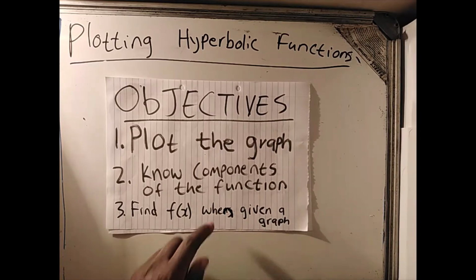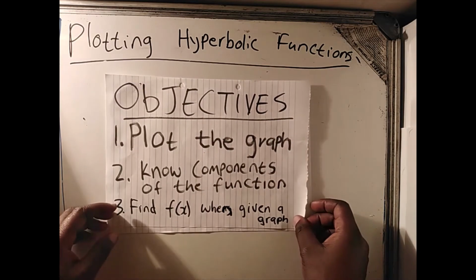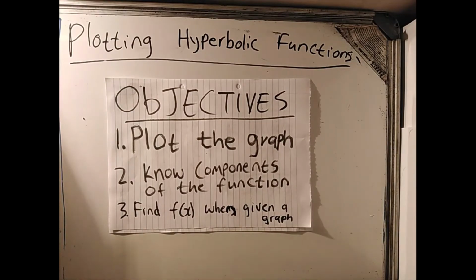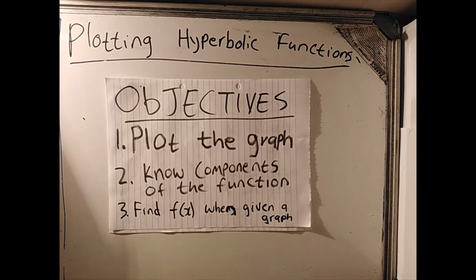So if they give you a graph and say find the hyperbolic function or hyperbola, how do you do that? Okay. Now, when we are plotting, what I'm going to do is outline the steps of plotting a hyperbolic function, and then we are going to pick an example and use that example to explain things, so that we'll see how things go.